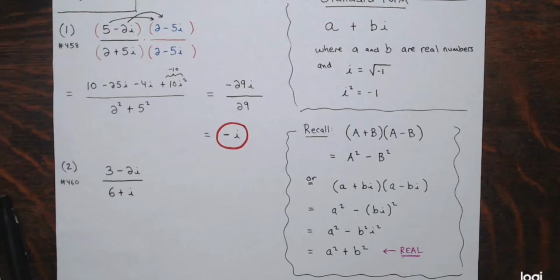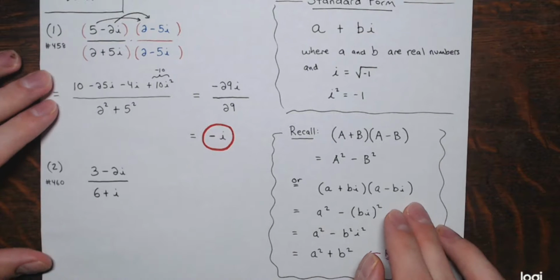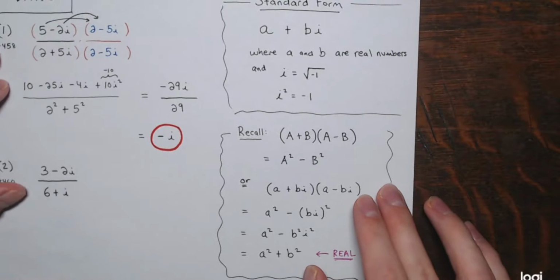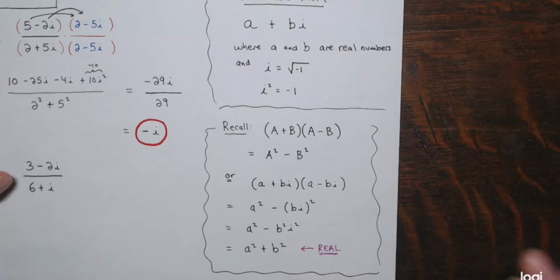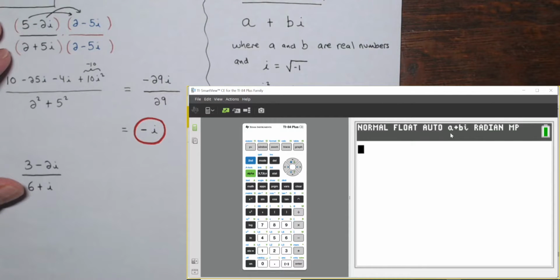Great. Now, I'm going to check this with a calculator. You saw me do this in the last video on multiplying complex numbers. I have a TI-84 Plus emulator that I'm going to be using. Let me pull that up here. And you may notice that up top on the screen, the calculation screen, it says normal, float, auto, and then it says a plus bi.